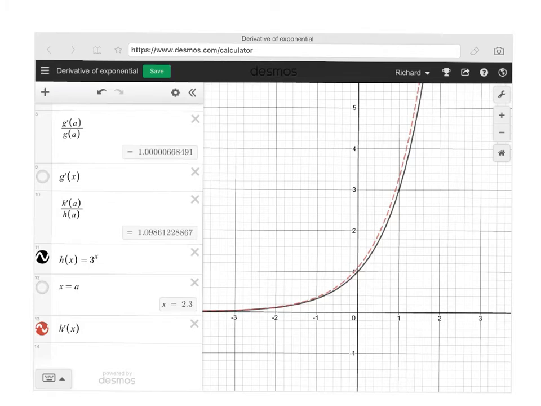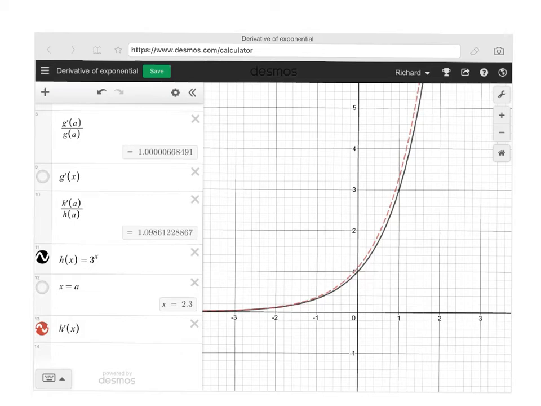And we can see that from here. So look at this, h prime of a over h of a. That means any derivative value divided by the original function value is always 1.0986.